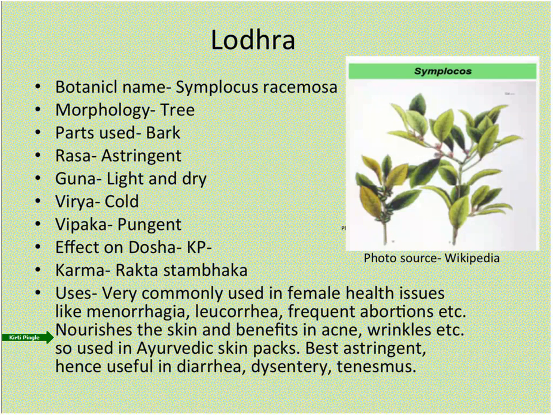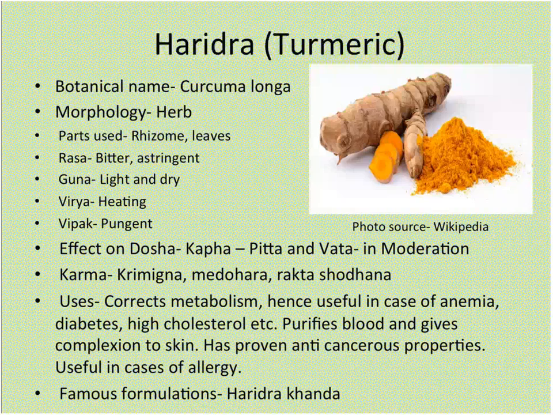And another type of Lodra, being astringent and cooling in nature, is very helpful in diarrhea and dysentery, and in tenesmus, meaning severe abdominal colic; it helps to reduce the colic. The common preparations are Lodravati and Lodrasava. Then the next common herb is Haridra, or Curcuma longa.